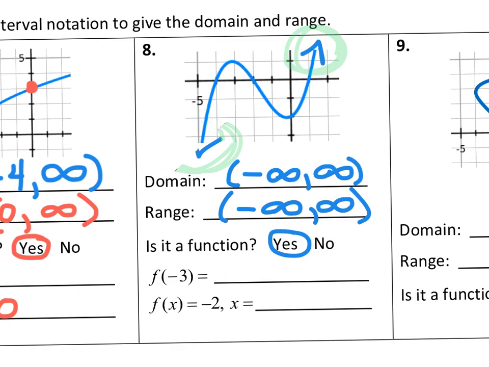Now, to answer the questions about the function values, -3 is given to you as an x value because it's inside the parentheses. And so if I look for x equals -3, which is here, the value of the function is y equals +1.